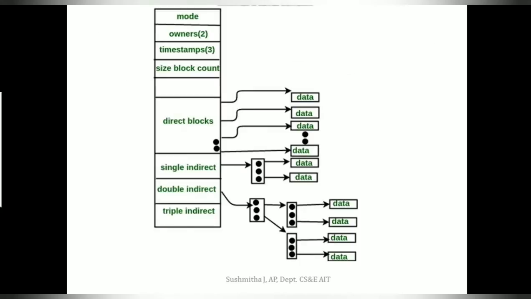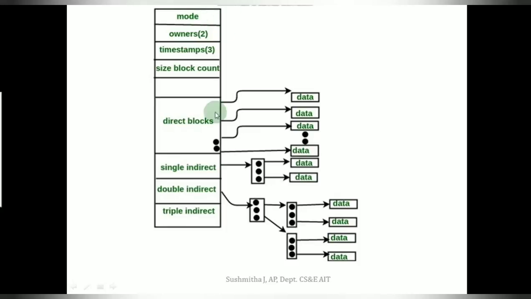So here in the combined scheme, we use a special block, that is the inode block. So this inode is the information node that contains the information of the file, like the name, size, the author, the timestamp, and so on. After this inode, the remaining space shall be used for the disk block address.